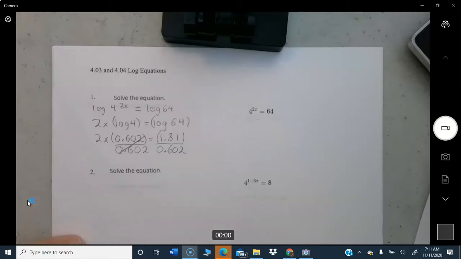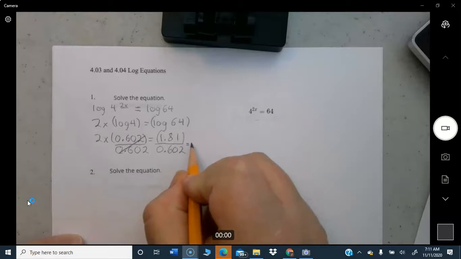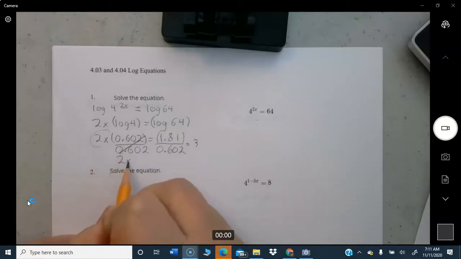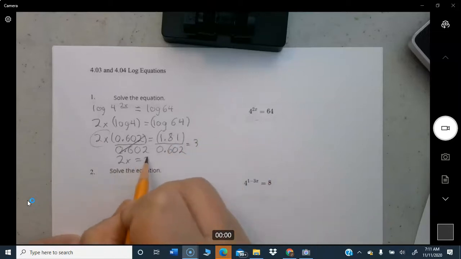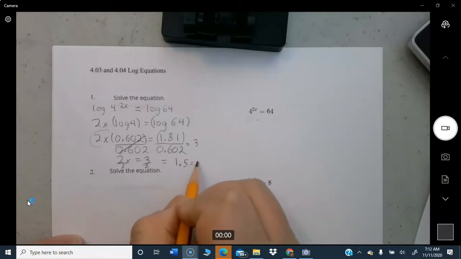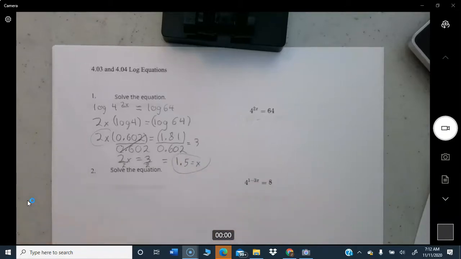It becomes exactly 3. So 2x equals 3. Divide both sides by 2: 3 over 2 equals 1.5, and you can write it either way. That equals x.